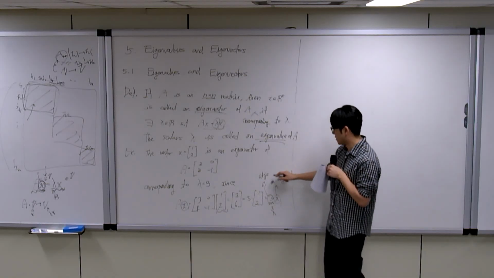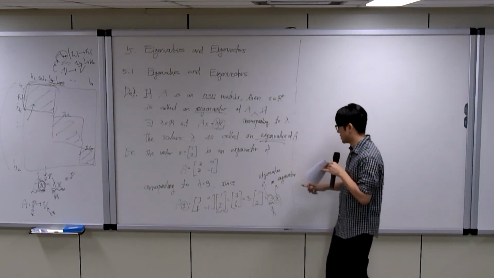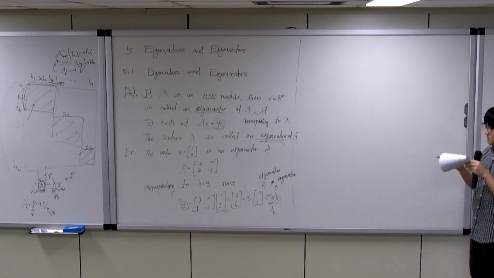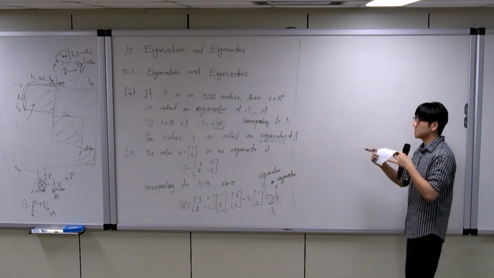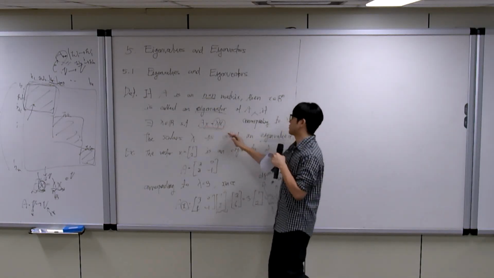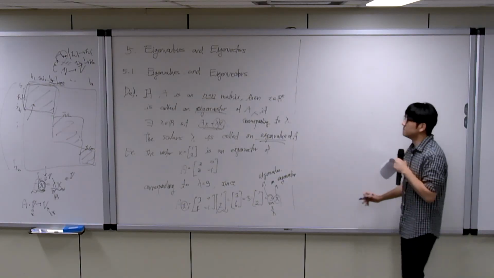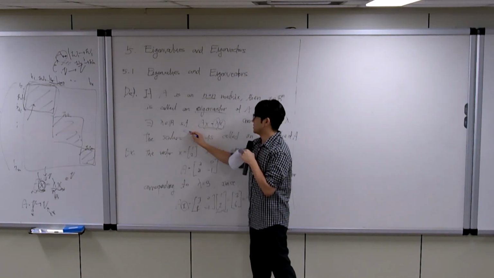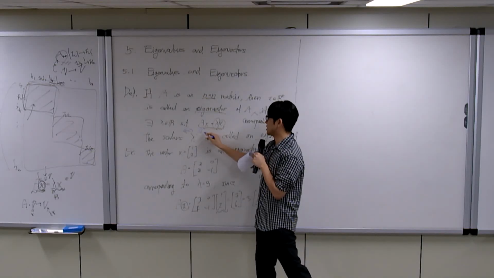Corresponding to lambda equals 3. This is the notion of eigenvalues and eigenvectors. And when you consider this equation Ax equals lambda x, it is exactly the same equation.